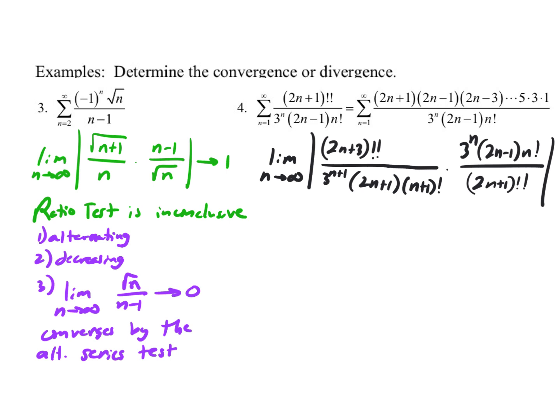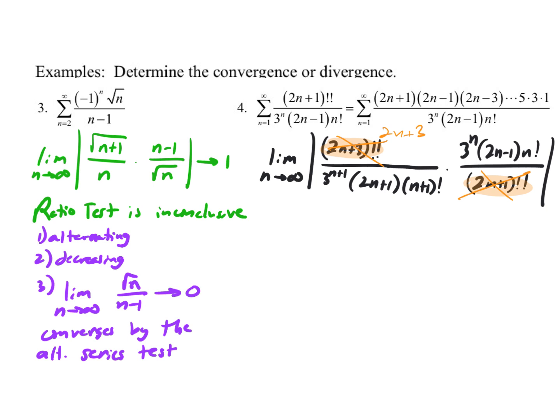Okay. Now, to be honest with you, canceling these two are pretty easy. Like if I look at this and I look at this, this is 2n plus 3 is the term, the odd term right before that. So when I cancel these out, this just gives me 2n plus 3, that term, all right?